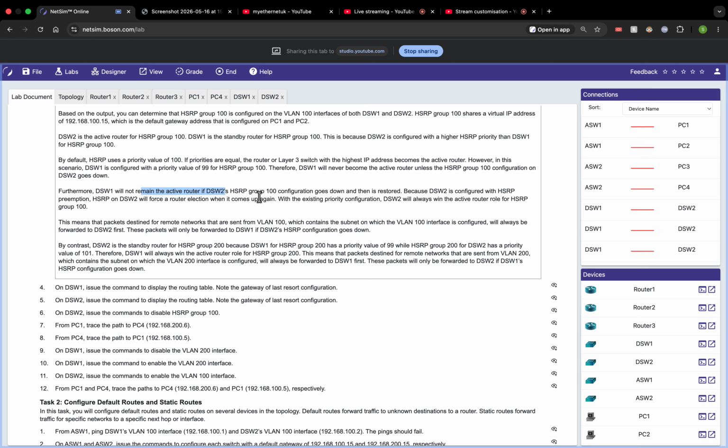Now, in this scenario, DSW1 is configured with a priority value of 99 for HSRP group 100. Therefore, DSW1 will never become the active router unless the HSRP group 100 configuration on DSW2 goes down. Furthermore, DSW2 will not remain the active router if DSW2's HSRP group 100 configuration goes down.